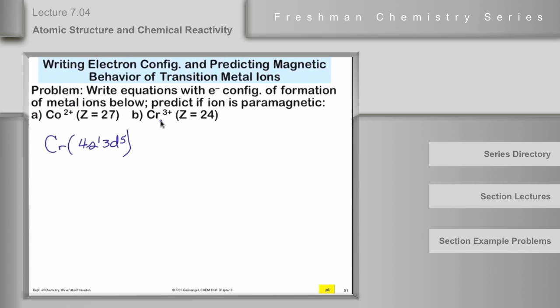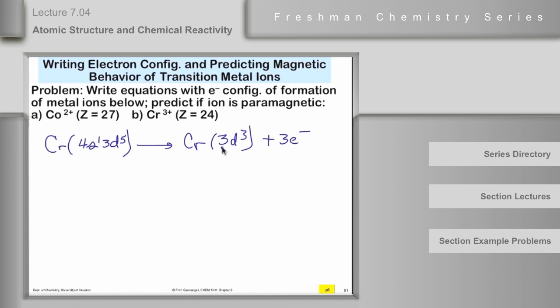Now we're going to go to chromium 3+. Where does the first electron come from? It comes out of the 4s. Okay? So that leaves 2 electrons to be removed from the 3D. The 3D had 5, and it's going to lose 2, so what is its electron configuration? 3D3. 3D3.